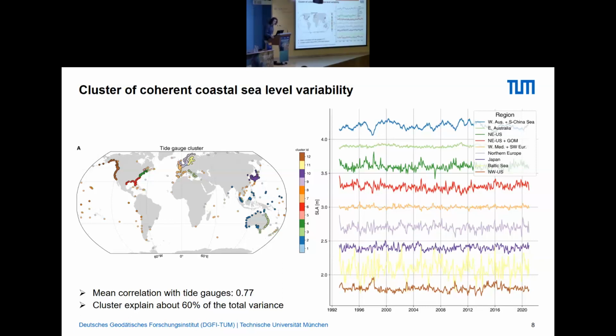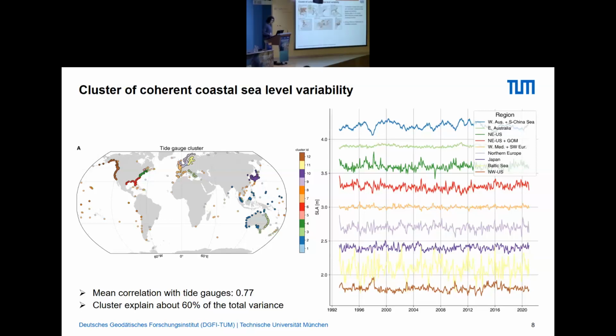Do you have any explanation why it's so highly coherent in the northern part of the Pacific? Basically from the Oregon or Washington coast to Canada to Alaska, it's very highly coherent.